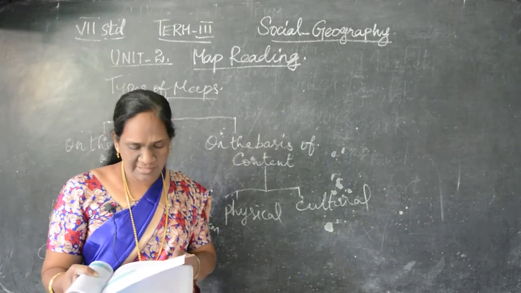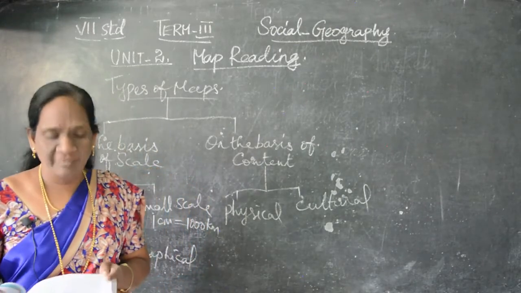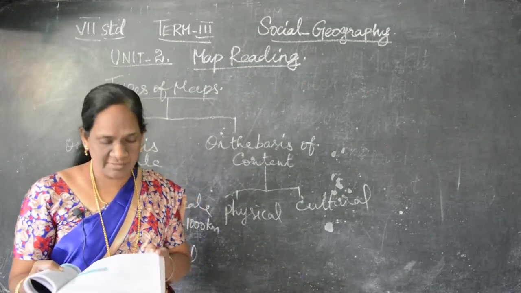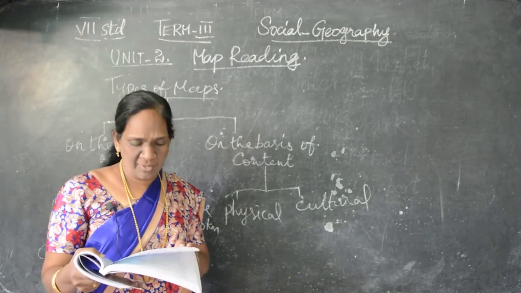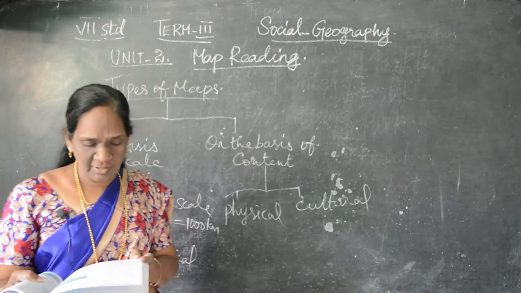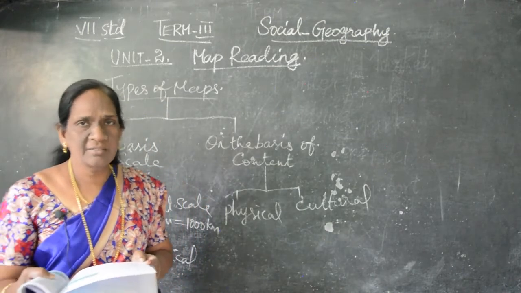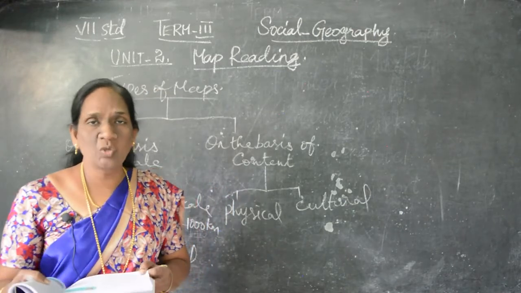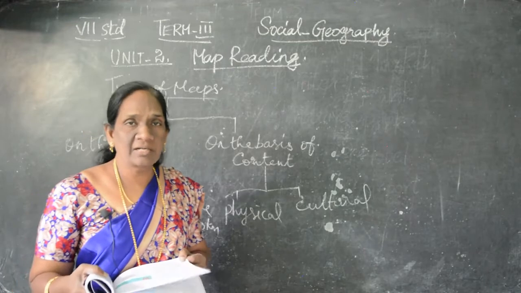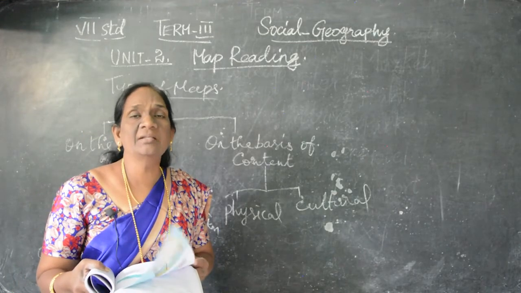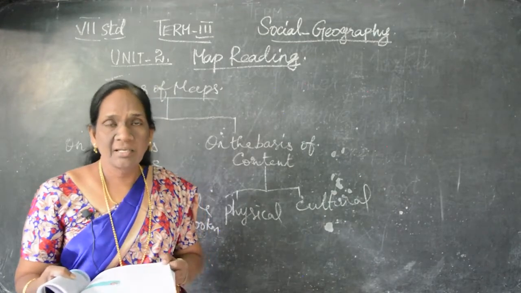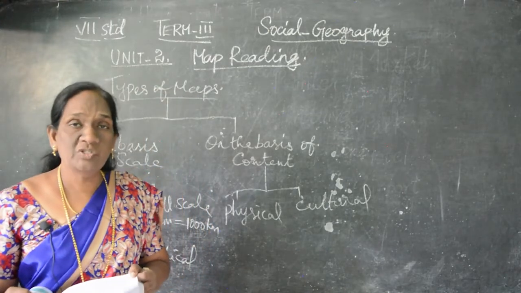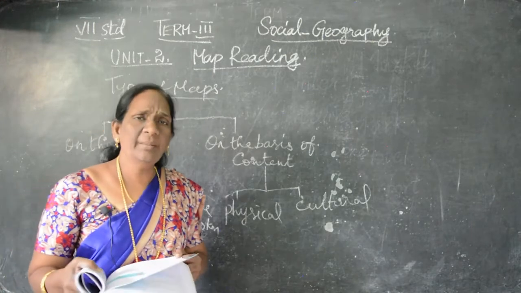Okay, next one, atlas. Atlas is the collection of maps in a book. புக் மாதிரி டைப்பில் இருக்கிறது தான் atlas. Understand? Atlas maps are small scale maps covering large areas like continents and countries. இந்த atlas நீங்கள் கடையில் வாங்கி பார்த்தீங்கன்னா, we can see about the continents, the political divisions, physiography, rivers, எல்லாமே அதில் பார்க்கலாம்.